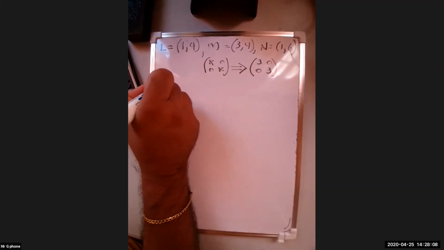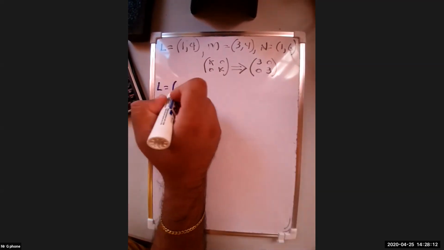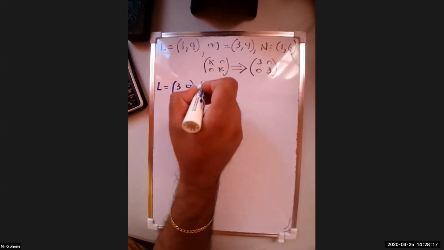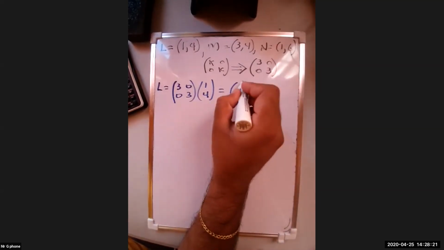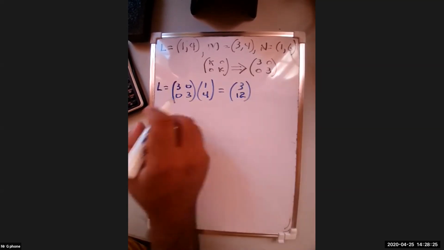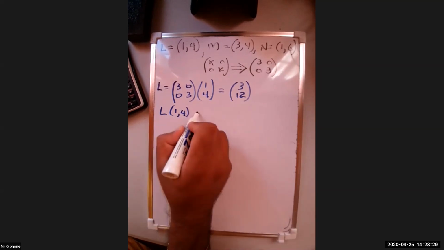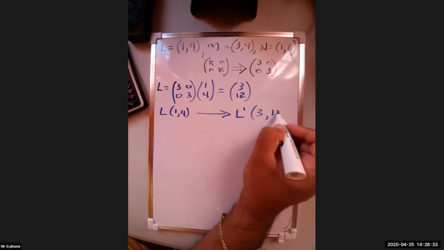So for L, it's 3, 0, 0, 3, then 1, 4. So 3 by 1 is 3, and 3 by 4 is 12. So L, which is 1, 4, is mapped onto L1, which is now 3, 12.